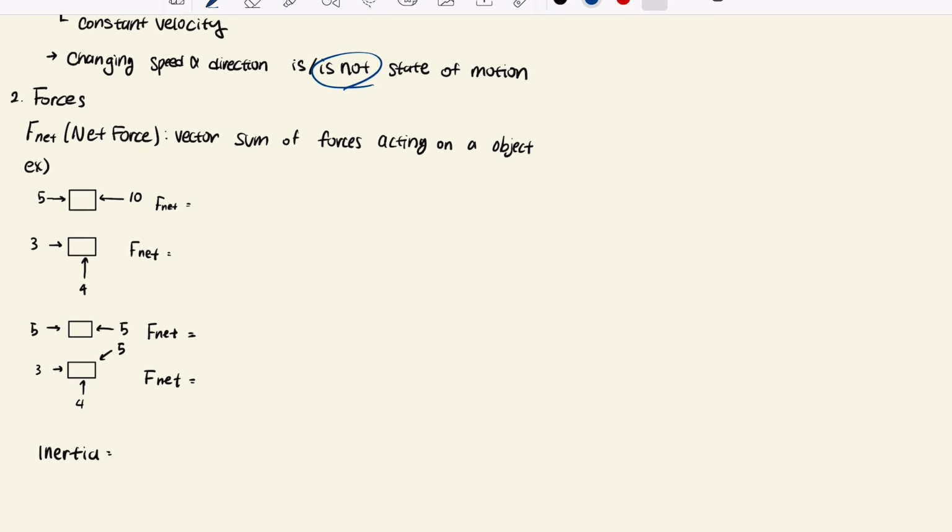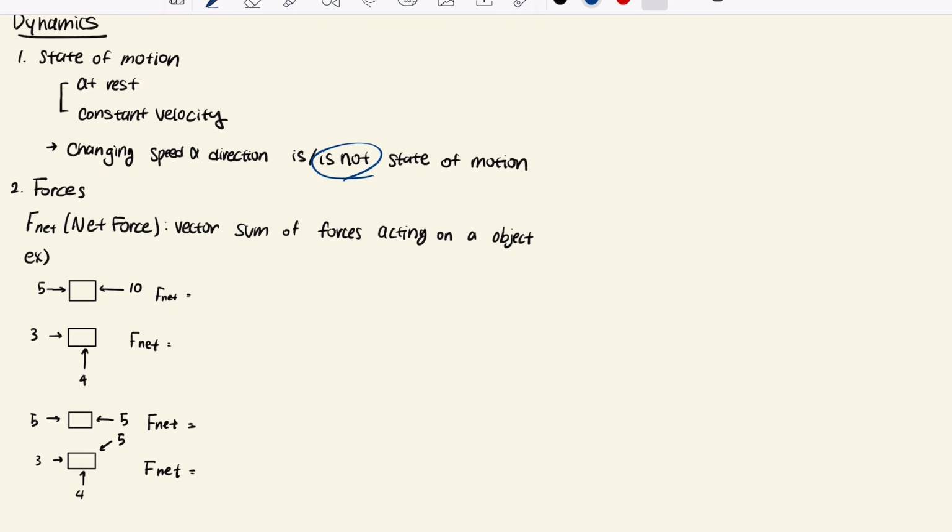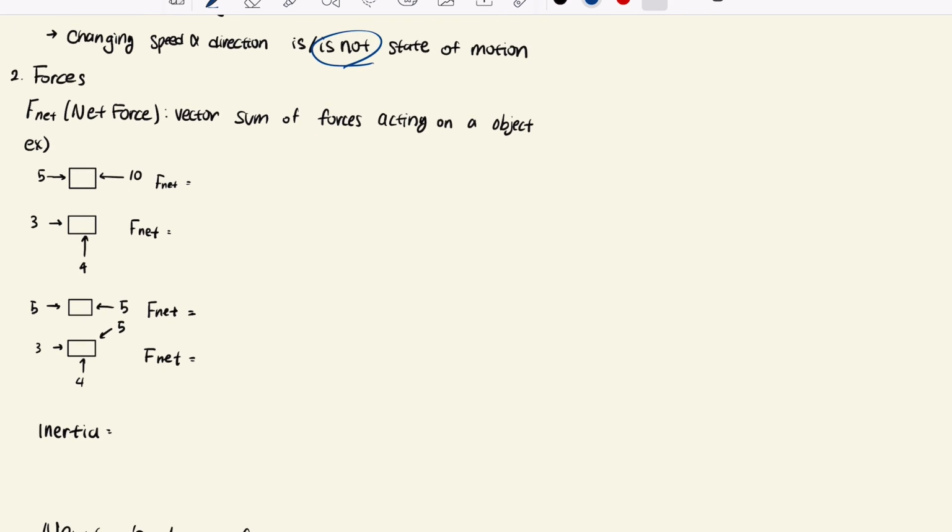So the big topic in this chapter, dynamics, is forces. We're going to be talking about various kinds of forces, how these forces interact, how to calculate the net force, which is the vector sum of the forces acting on an object, and how these forces change acceleration.